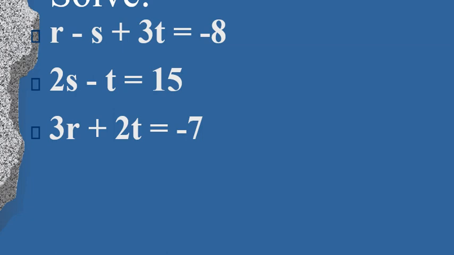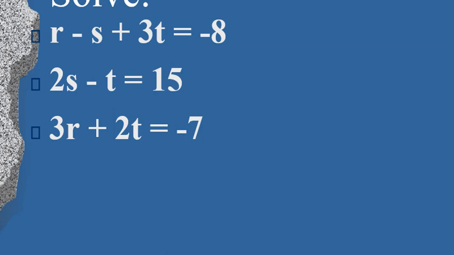First equation, how many S's are there? -1. Okay, yep, if there's no R's, it'd be 0. How many S's are in equation 2? 2. 2 S's, right? How many S's are in equation 3? 0. Good. Okay. Equation 1, how many T's are there? 3. Equation 2, how many T's are there? Yes, -1, perfect.